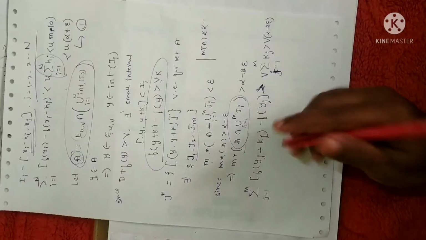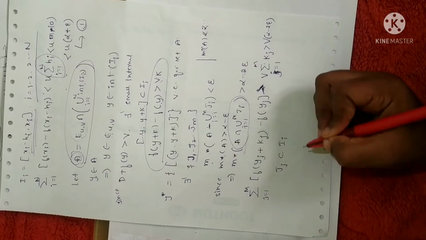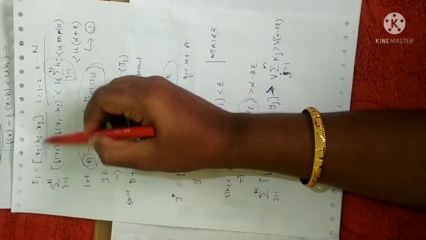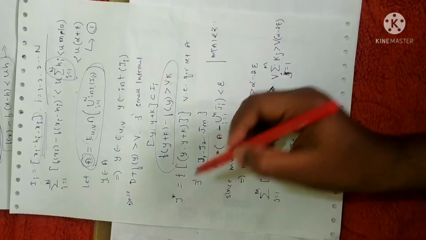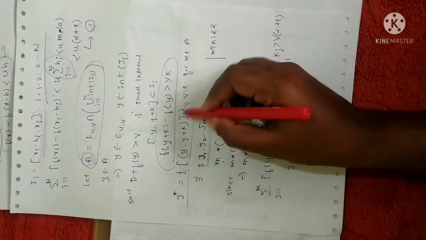Fine. Now, since all the J's will be subsets of I's. I's are the intervals of x and x minus h, whereas J's are the intervals of y and y plus k.